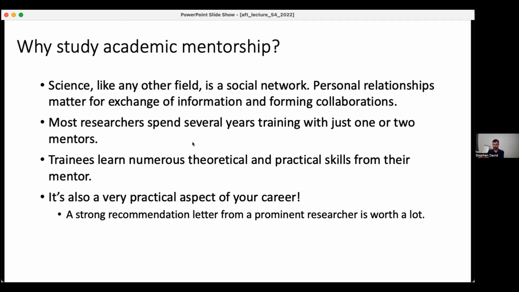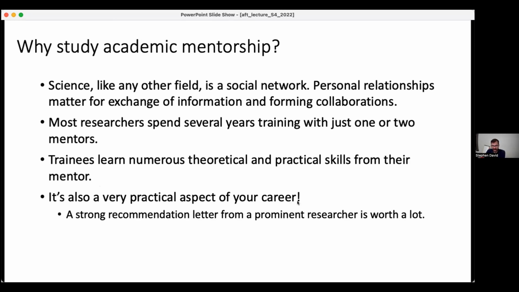And so a good mentor is not just someone who teaches you the nuts and bolts of your science, but also helps you figure out how to navigate the world and succeed. So I think that makes it very interesting as a problem, but also challenging, right? Because what aspect of the mentor's influence is really impacting people's careers down the road?